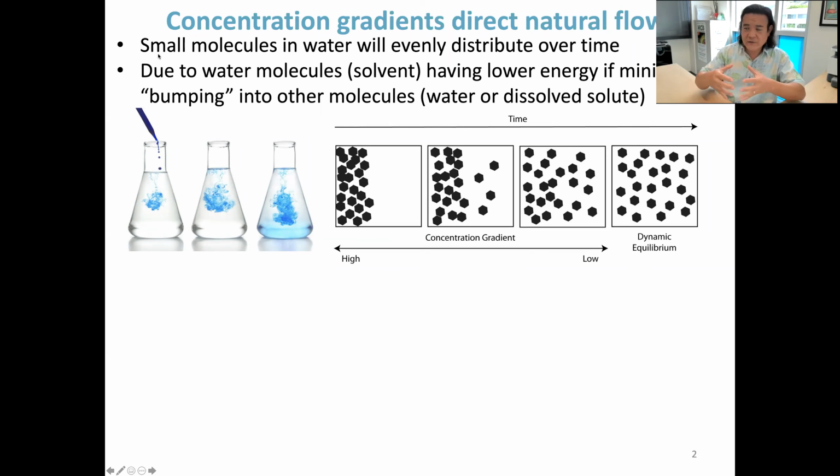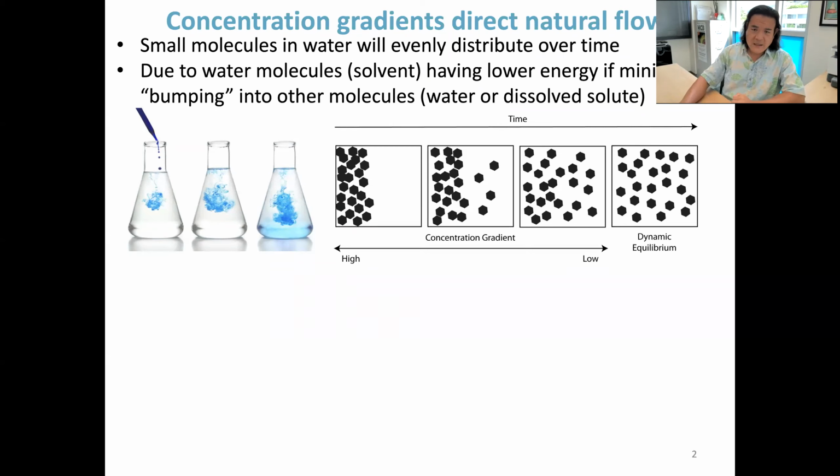It's not surprising that over time, those molecules will disperse or spread out through the water, just like putting, for example, blue dye in a flask of water, as you see here. I think none of us are surprised that at first the blue dye is concentrated where it's being dropped in, but given enough time, a few minutes, maybe a couple of hours, you come back and you can no longer see the dye concentrated in one spot. It has naturally diffused throughout the water, and the flask becomes a nice uniform blue color.